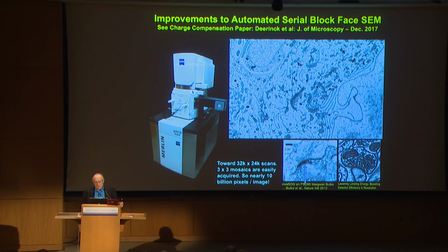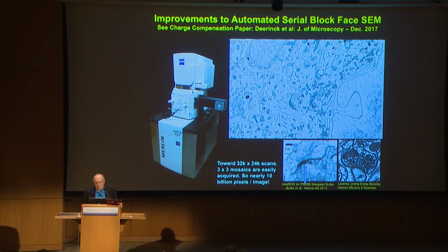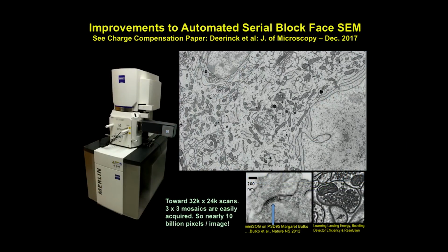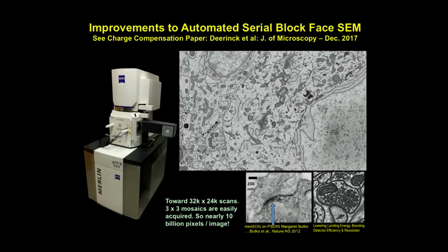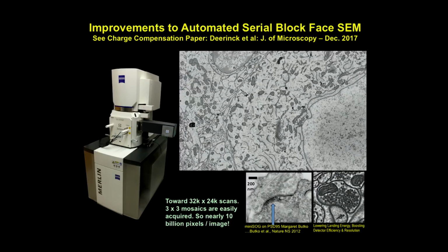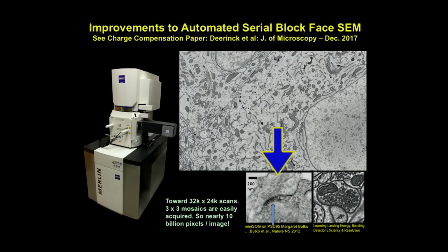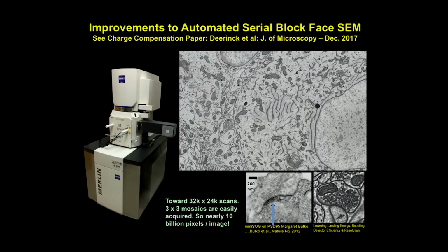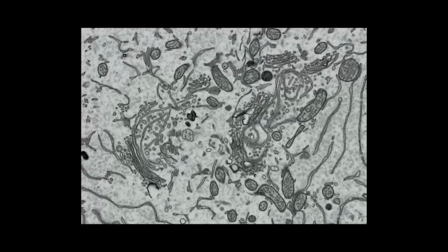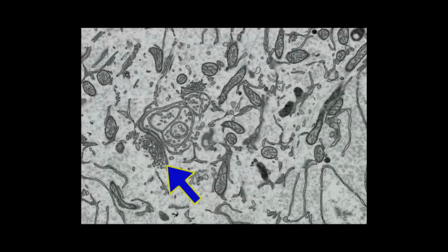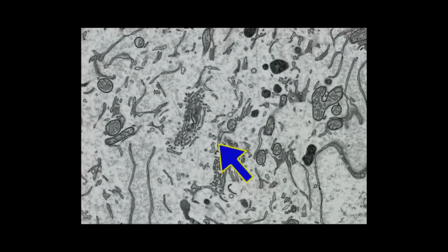So first, unashamed pitch, we've pushed this technology quite a bit. While Harald has pushed the technology he's going to tell you about, we've been pushing this to higher and higher resolution and bringing stains in, as you see here, so that we can genetically mark components in the context of this method. We pushed it so that you can look quite easily at structures like the Golgi apparatus, mitochondria, ER.